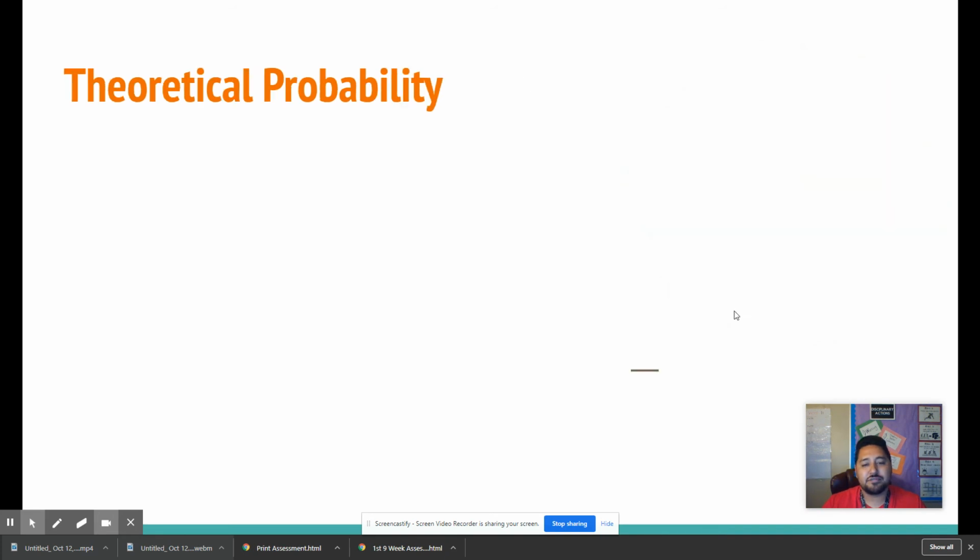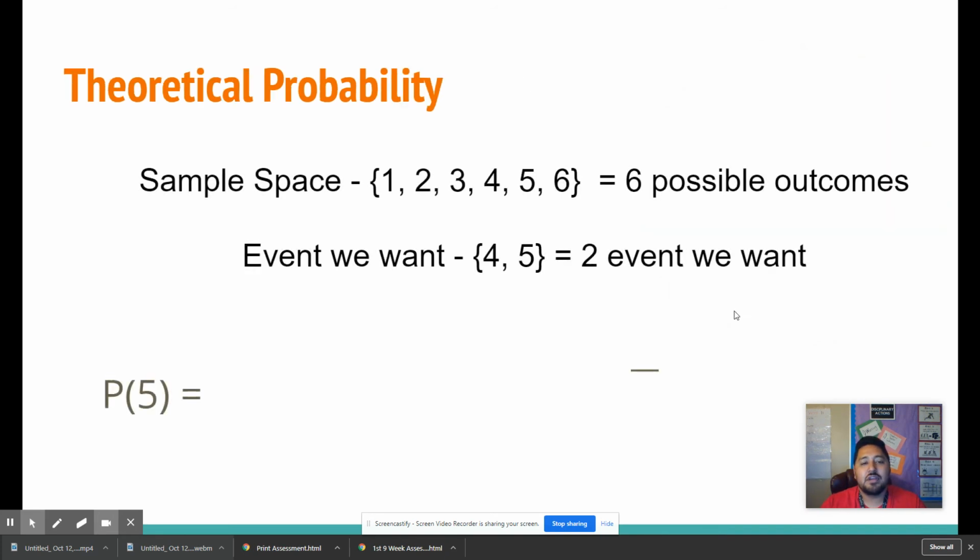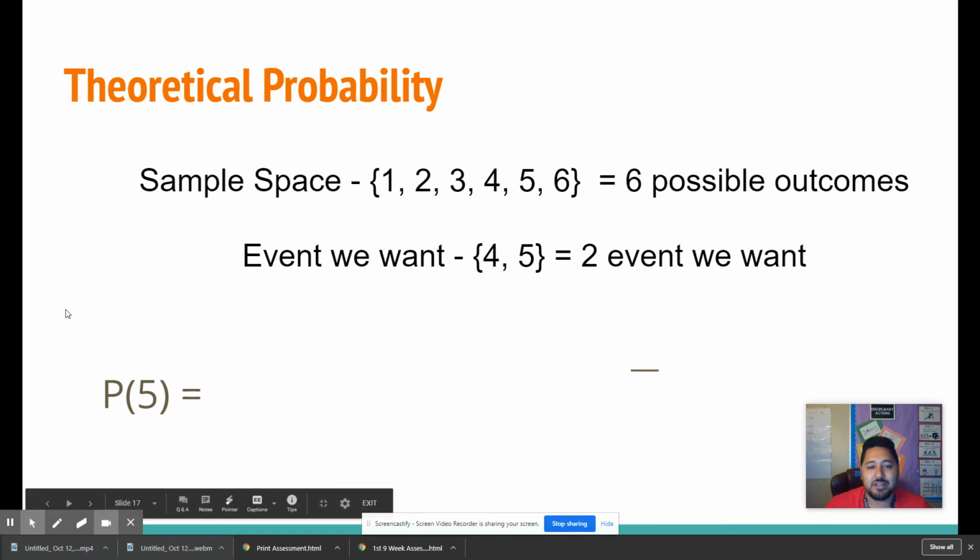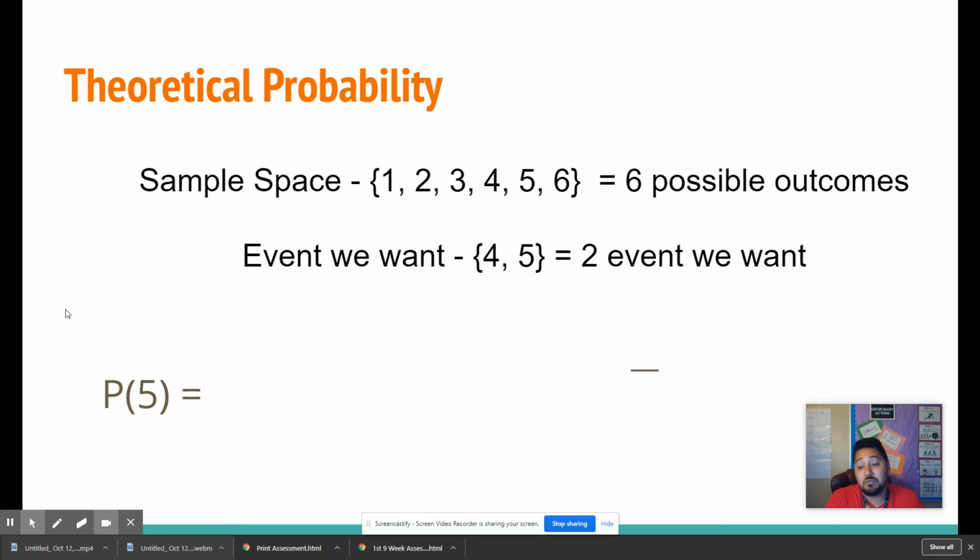So let's look at this. Our sample space is still the same. It's 1, 2, 3, 4, 5, 6. There are 6 possible outcomes that will go in our denominator. This is supposed to say 4 or 5. I apologize about that. And the event we want is either a 4 or a 5, which is 2 favorable events.